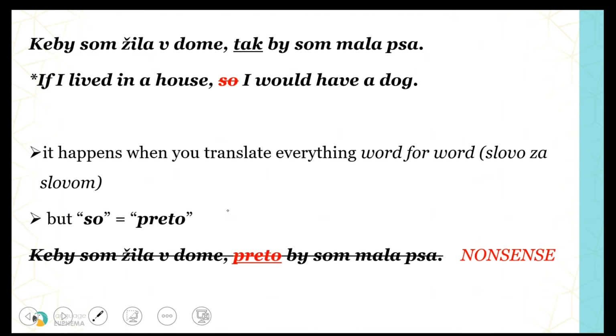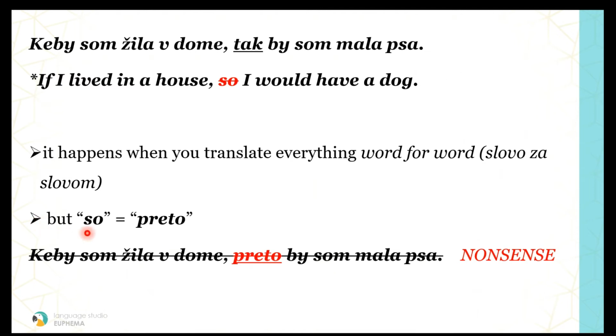And that's why we are looking for some equivalent for the word tak. And wrongly sometimes we use this word so. Okay, so if I lived in a house, so I would have a dog. This is wrong. If you really need to use some equivalent, you can use one, which I'm going to talk about in a second. But first, I want to explain why this is wrong.